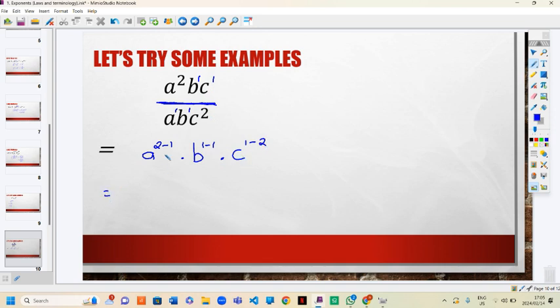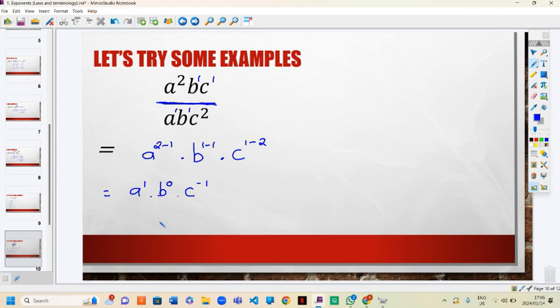Now let's simplify that. So we've got a to the power of 2 minus 1, which is 1. You don't have to put that there, I'm just showing you. And then we've got b to the power of 1 minus 1, which is b to the power of 0. And then we've got c to the power of 1 minus 2, which is negative 1.